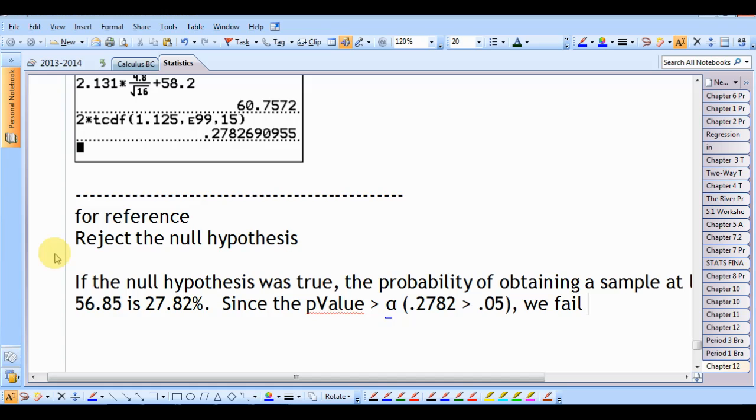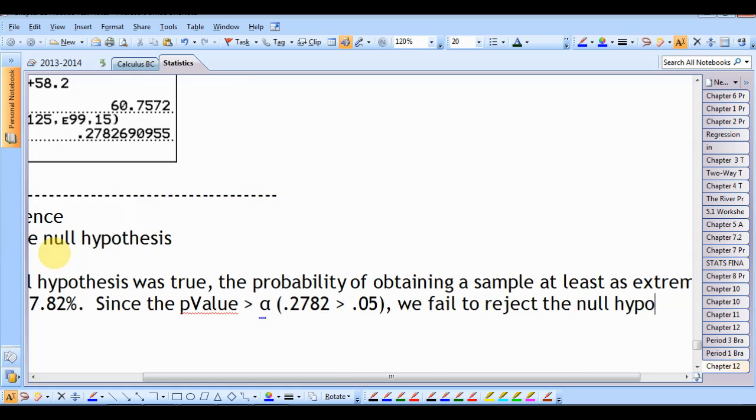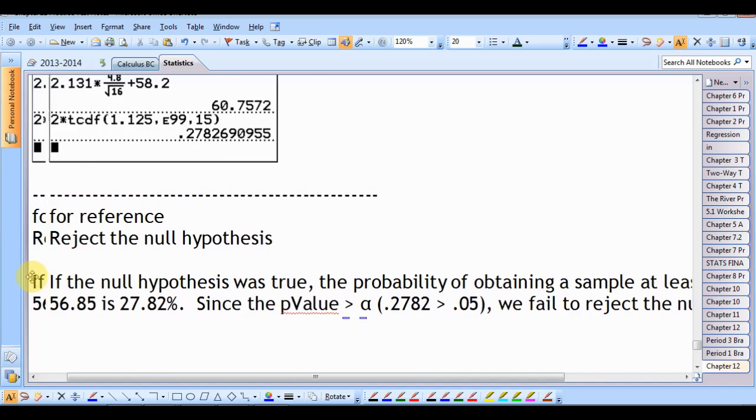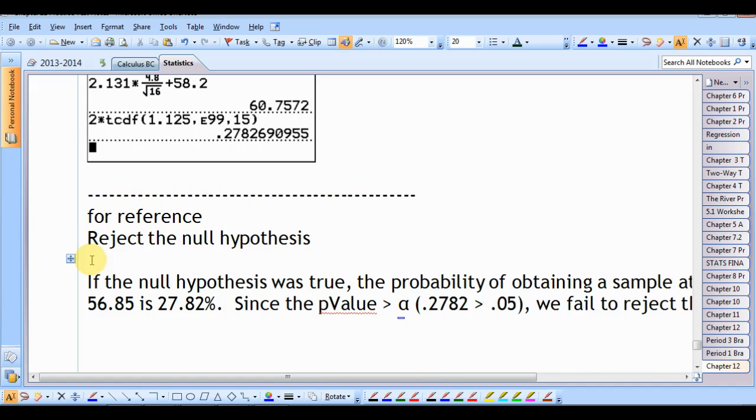It is. Where? Oh, it is. We fail to reject the null hypothesis. So when you were, I'm sorry, where? In chapter to fail, I mean to reject. Oh, you're right. We're going to fail to reject.